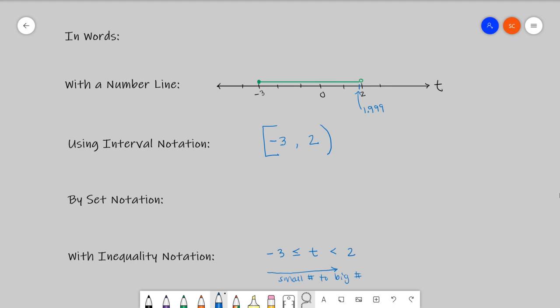Set notation here is going to use those braces again. We're going to say t values such that t is between -3 and 2.